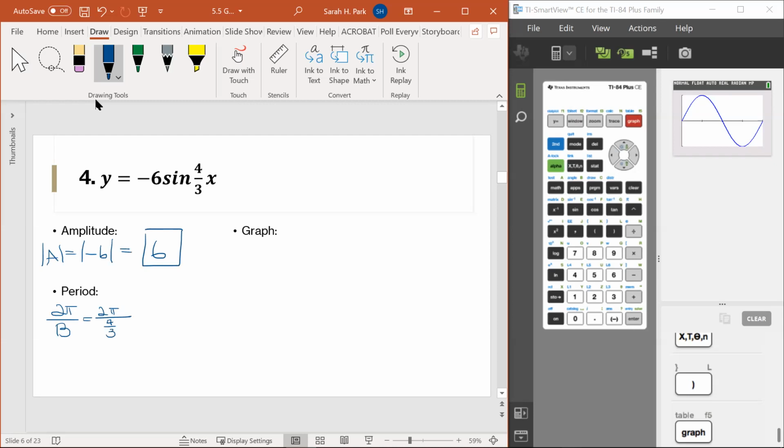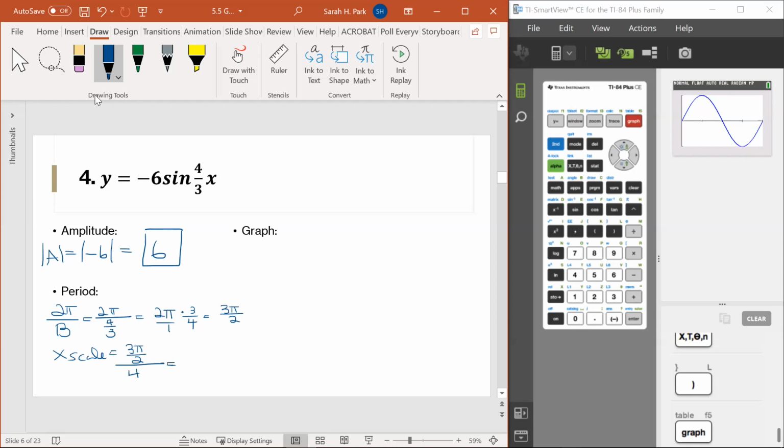So take that and do 2 pi times 3 over 4, make that a fraction. So this becomes 6 over 4, which is 3 pi over 2. So there's our period. The x scale is you take the period, which is 3 pi over 2, and you cut it up into 4 parts, 4 quadrants.